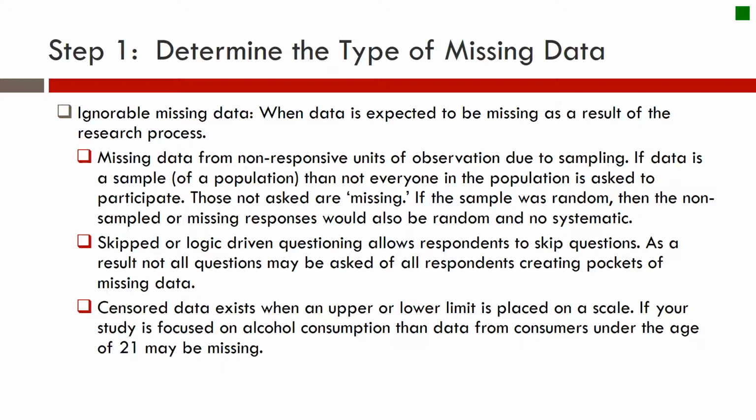Other data that's missing might be as a result of some type of skipping or movement in the survey that is logic driven. So for instance, if a respondent is asked if they bought a product, and then for those who bought the product, those respondents get a series of questions, but for those customers who did not buy the product, they might be skipped to another part of the survey, and therefore they will have missing data for those questions that refer to the purchase.